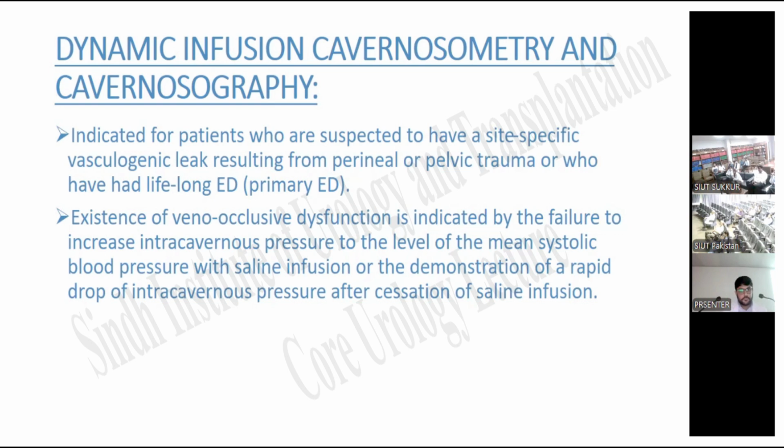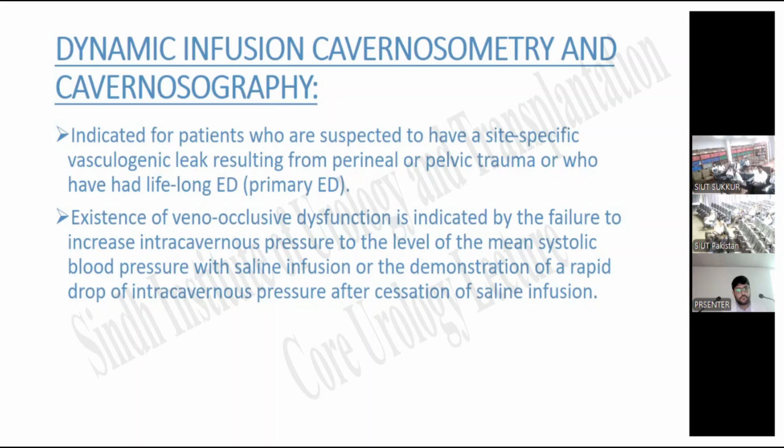So you are going to flow the heparinized saline into the corpus cavernosa with pressures of about 30, 60, 90 and 150 mm mercury. It is sustained up to 150 mm mercury, and then the infusion is ceased. If there is a decay of 45 mm mercury in 30 seconds, it will be labeled as the venogenic leak, or the venous leak.